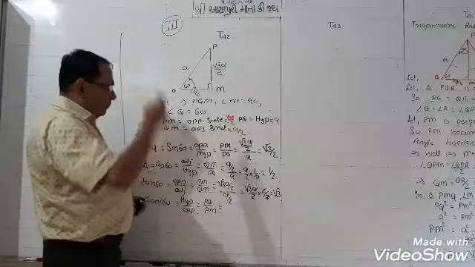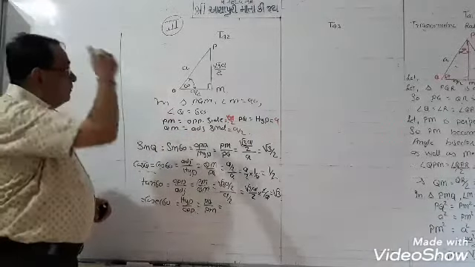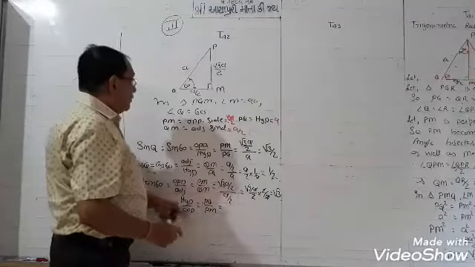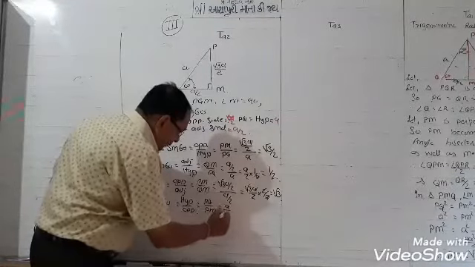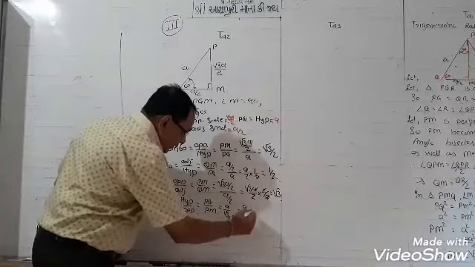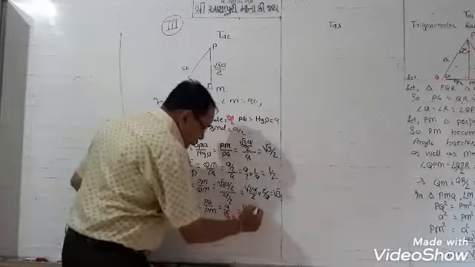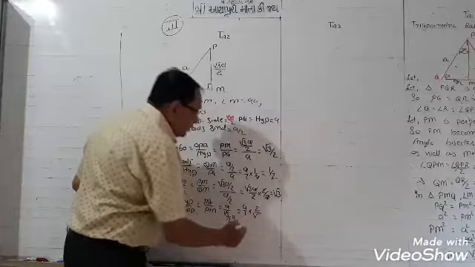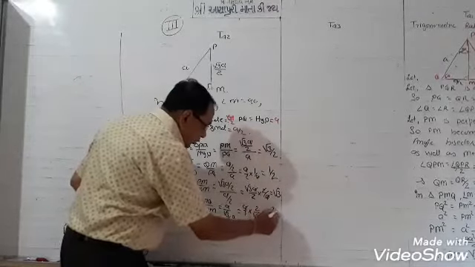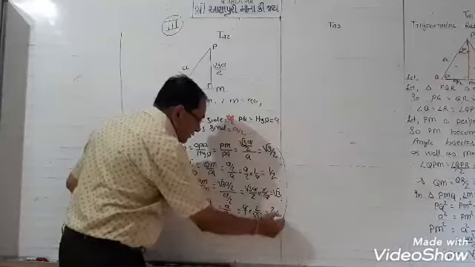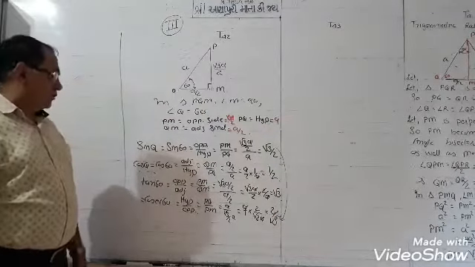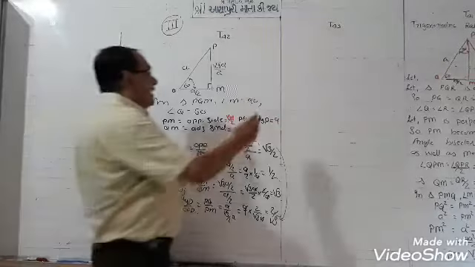PQ is equal to a, upon root 3a upon 2, which is a upon 1 into 2 upon root 3a. A cancels, so 2 upon root 3. Cosec 60 is 2 upon root 3.